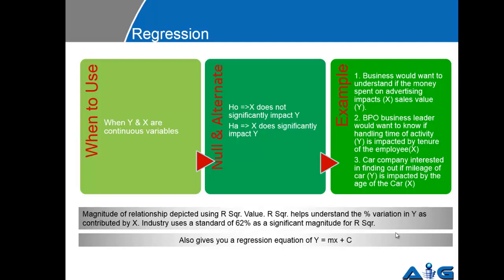Additionally, the regression test will also help you with a regression equation or a transfer function in the form of y is equal to mx plus c. This regression equation will help you determine, understand, predict sometimes the relationship between x and y. So let's assume that we've received a regression equation of sales is equal to 4 lakhs plus 14 times the advertisement.